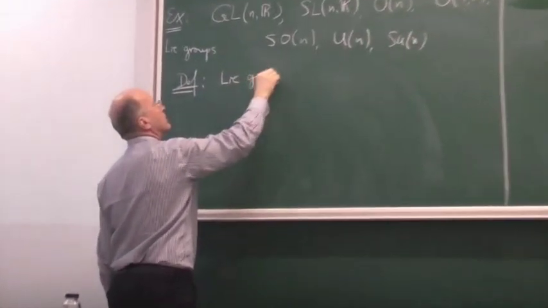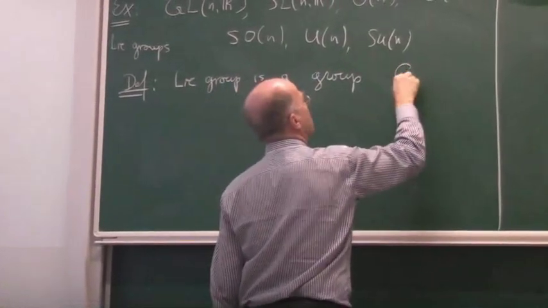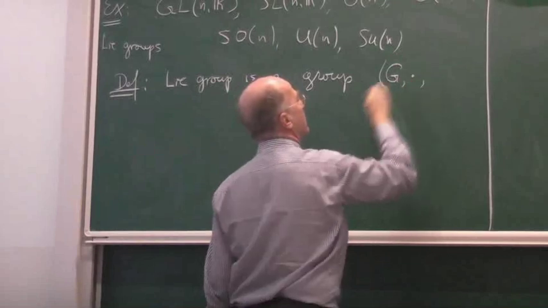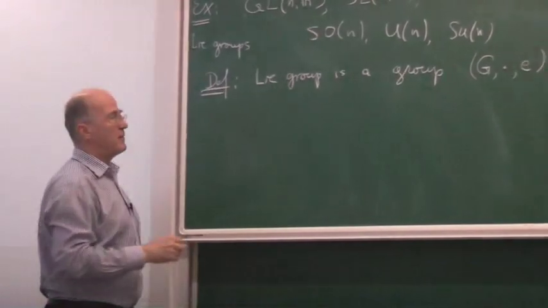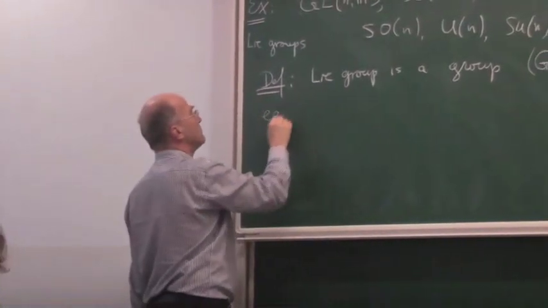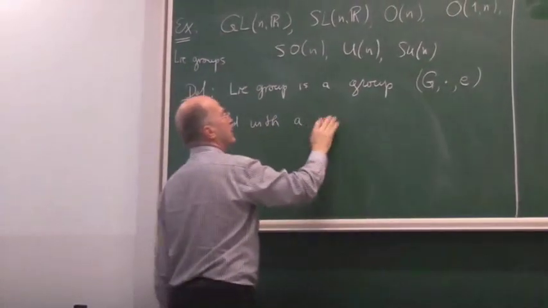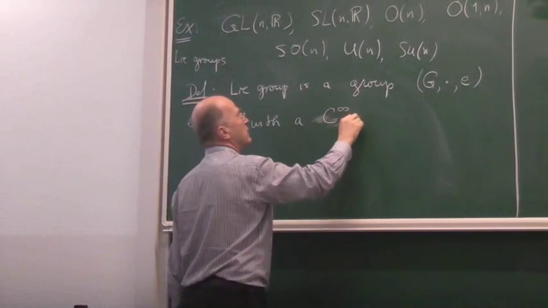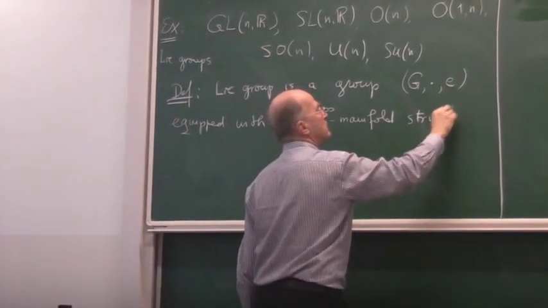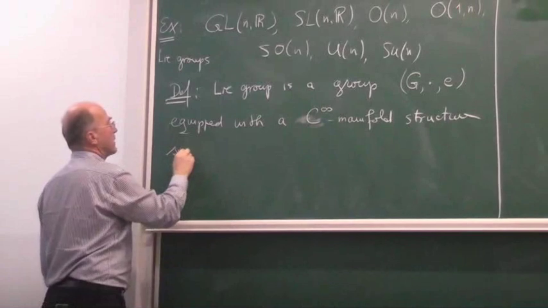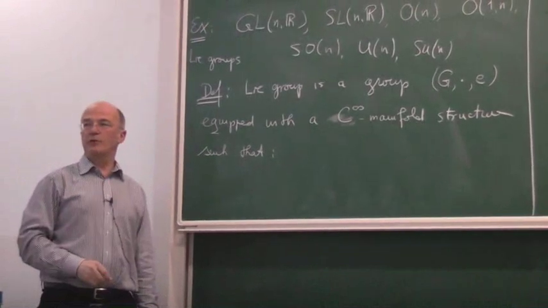A Lie group is a group G with multiplication and an identity element, which at the same time is equipped with a smooth manifold structure, such that there are two maps which are important for this group structure.